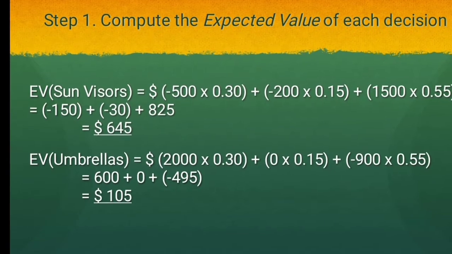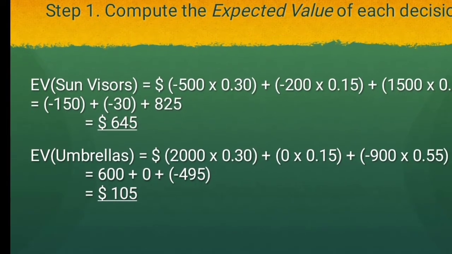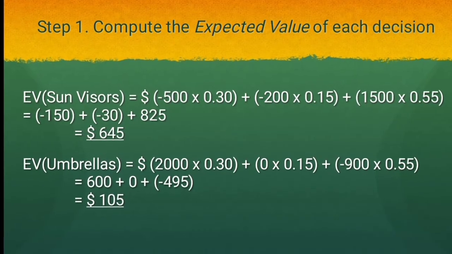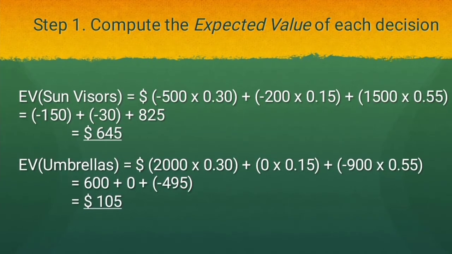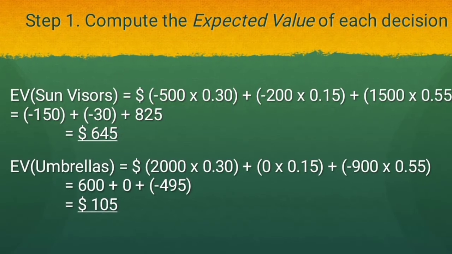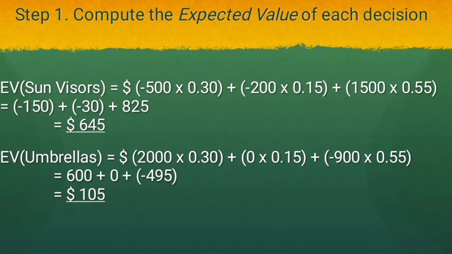When there is an overcast, there is an outcome of negative $200 with a probability of 15%. And when it is sunny, there is an outcome of $1,500 with a probability of 55%.